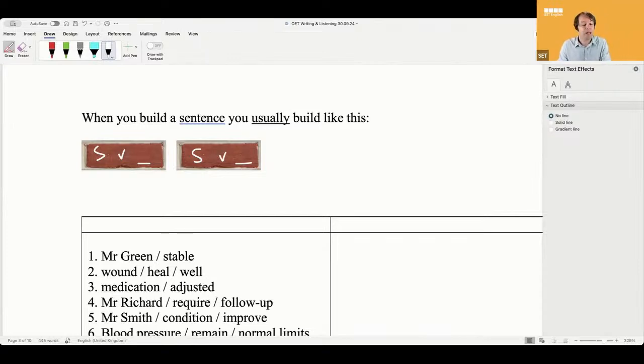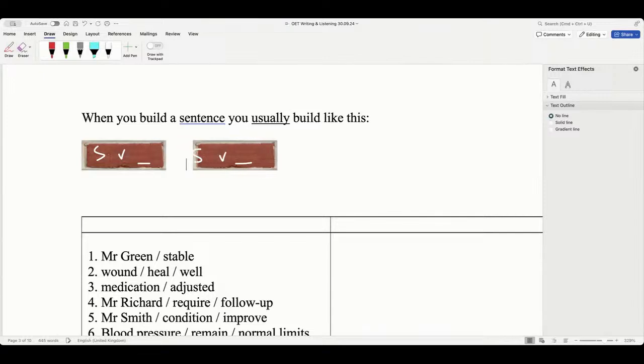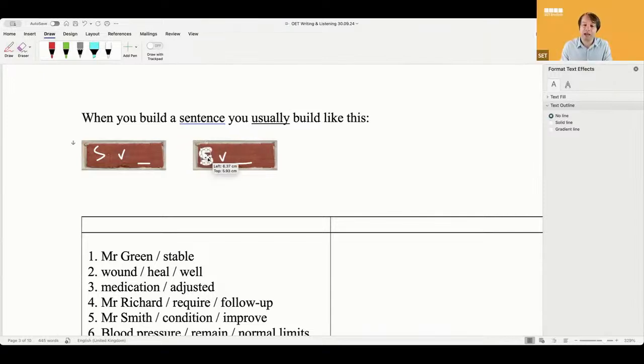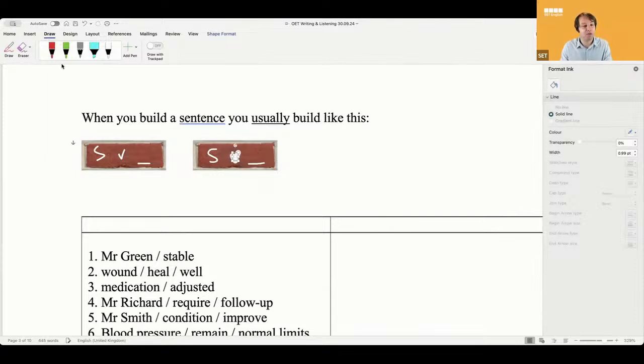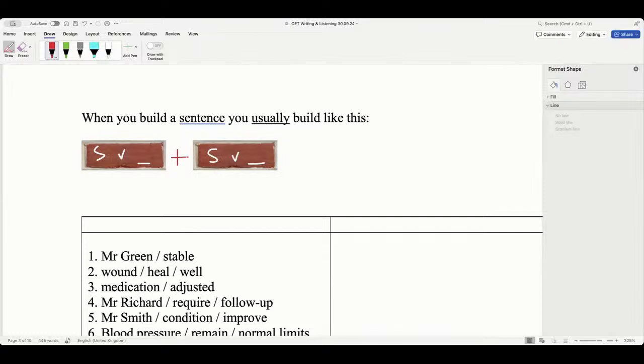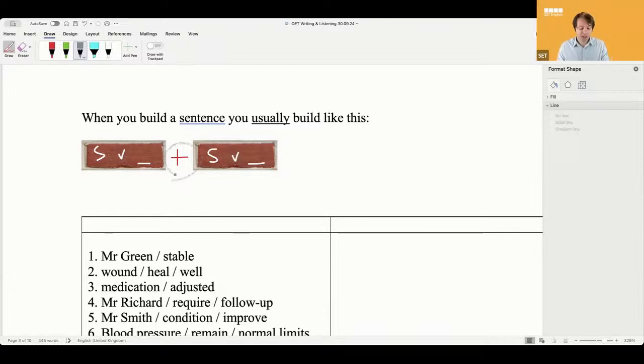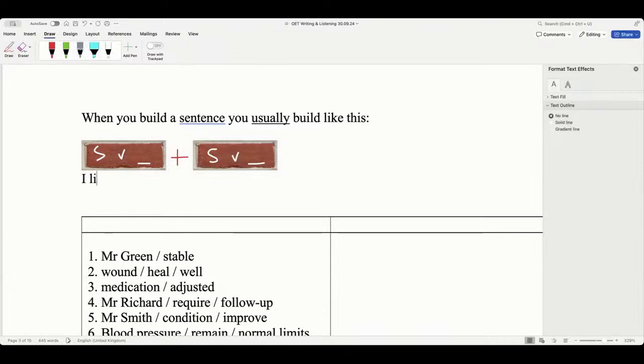Okay, now, how do we connect these things? Anthony, how do I connect subject and verb combinations? How do I join them together, Anthony? So, for example, let's say I like cheese, right?